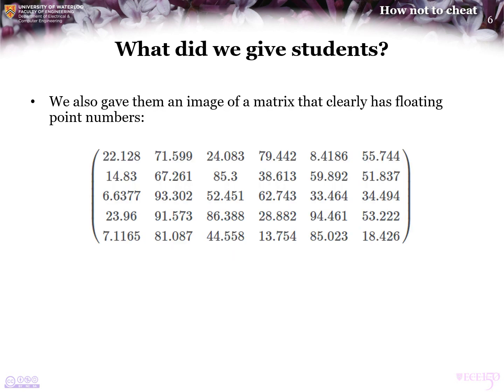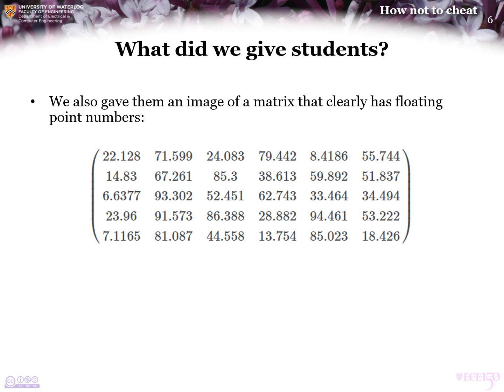We also gave the students a matrix that clearly has floating point numbers. As you can see, we indicated that yes, this matrix does have a saddle point specifically at entry 4,1.